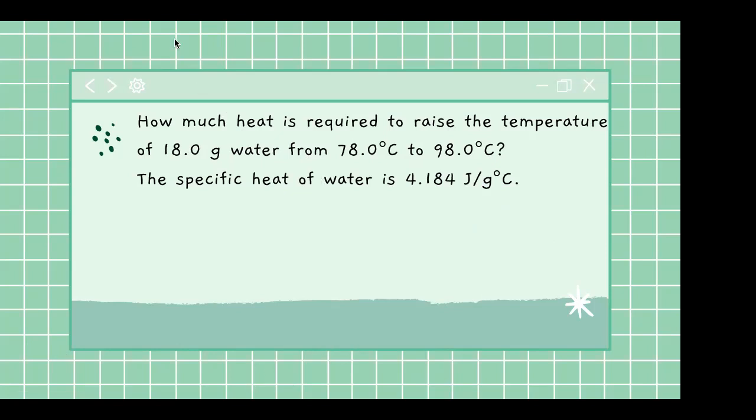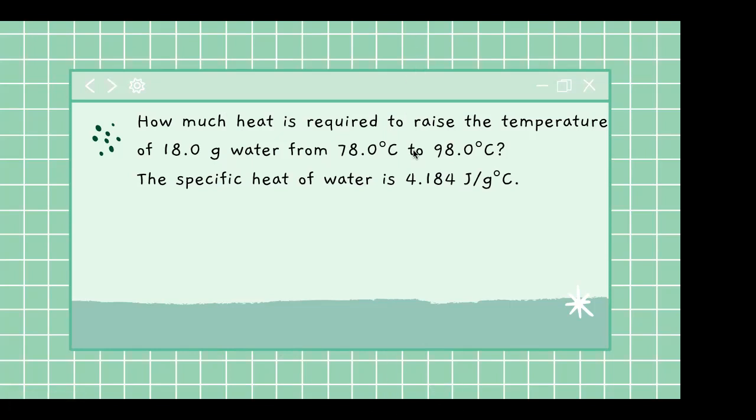How much heat is required to raise the temperature of 18 grams of water from 78 degrees Celsius to 98 degrees Celsius? The specific heat of water, again, is 4.184 joules per gram degree Celsius.